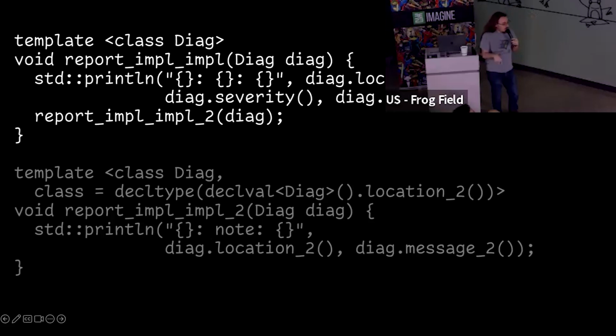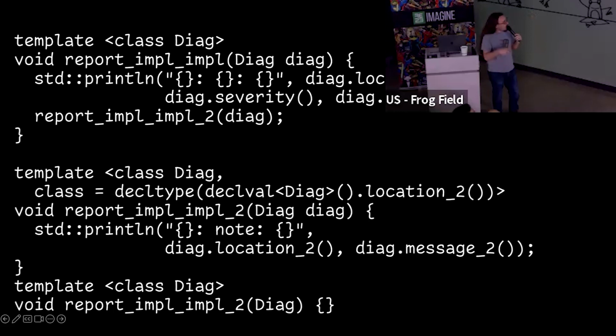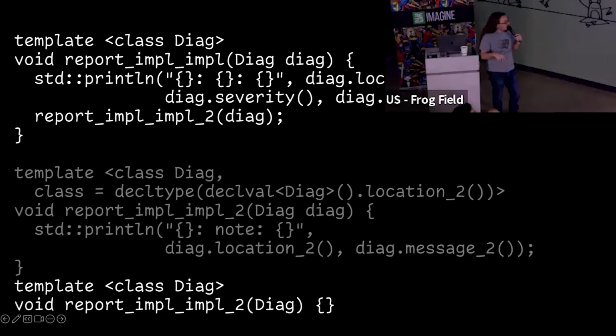That's when you make an overload that you can call. In this case, when location2 is missing, we just call this empty function. So in the case where we don't have location2, all we're doing is the first println, and then we're calling an empty function, which does nothing.